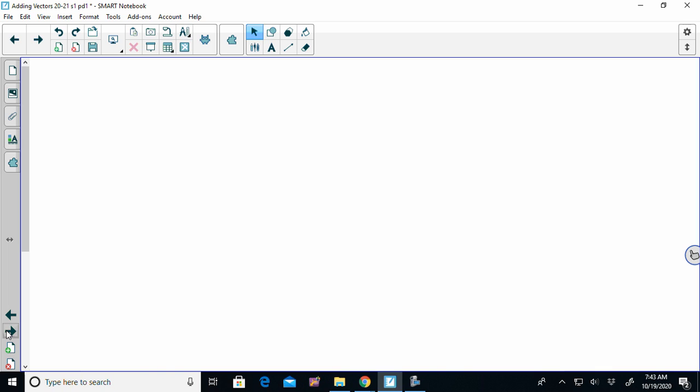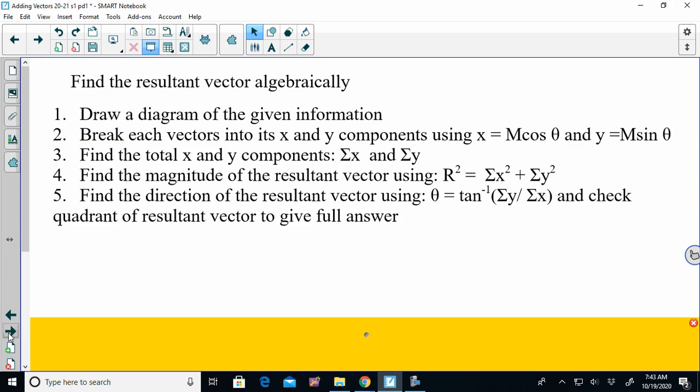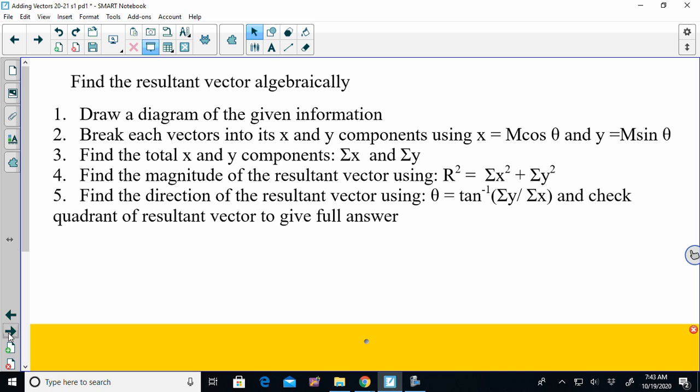So we are going to mostly concentrate on finding the resultants algebraically. I'm going to show you the list of steps, and we'll break down each step with an example. All of these things we have already done, so it's taking everything we've done and putting it all together to solve for vectors algebraically.